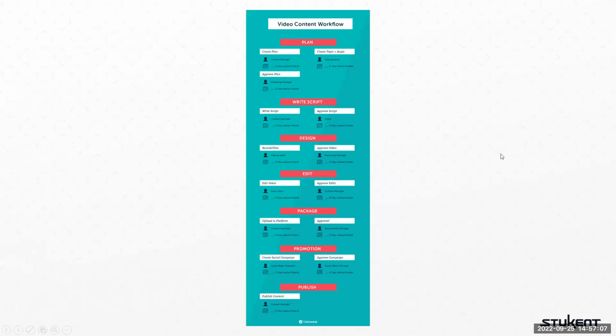Now we have infographics. This is an example of an infographic that is all about, actually, I believe this is a video content workflow. And it goes through a couple of the various steps.